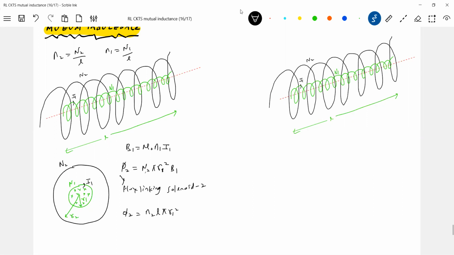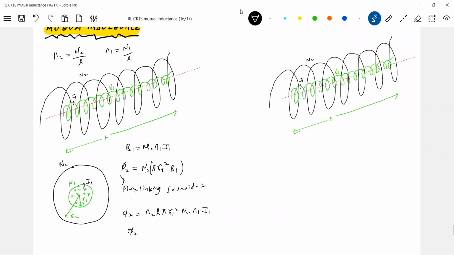Can you remember the idea of effective area? I'll put in bracket: N2 into effective area, B1 into effective area. Effective area will be pi R1 square, not pi R2 square, because the B bar is confined only to the circular region of radius R1. So this should be equal to N2 pi R1 square mu naught N1 into I1.